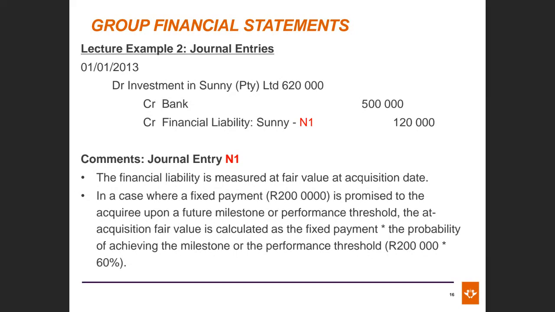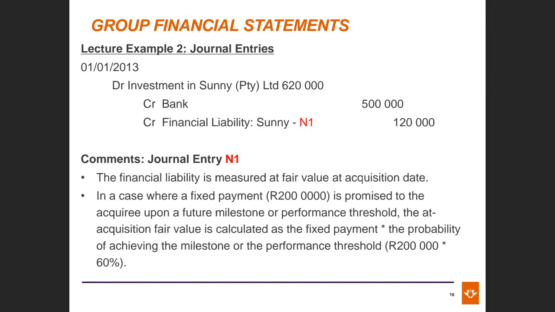You'll see that we measured the financial liability at fair value at acquisition date. In a case where a fixed payment is promised to the acquiree upon a future milestone or performance threshold, the acquisition fair value is calculated as the fixed payment multiplied by the probability of achieving the milestone. That is what we did.